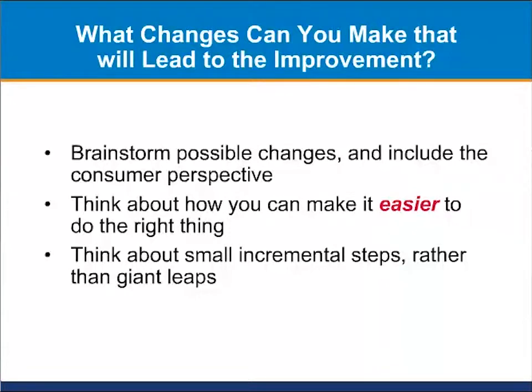So then, once you've identified what you want to change, your goals, and also the measure that you're going to use, you want to start thinking about what changes you can make that will lead to the improvement. So this goes back to the work group we talked about earlier, and you can use this as a brainstorming session where everybody throws out all possible ideas, all possible changes they can make.